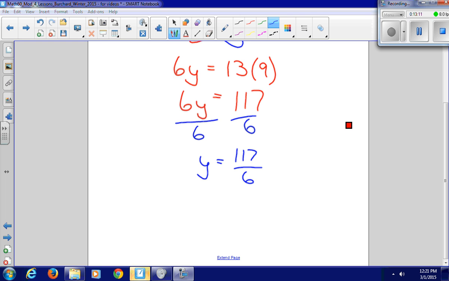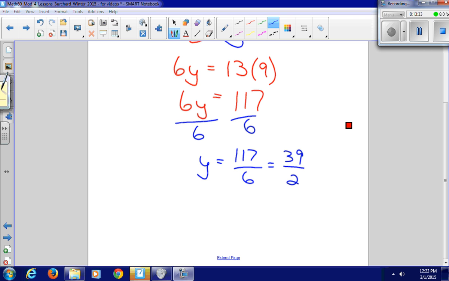This can actually be reduced, although I'll forgive you if that seems hard to reduce, but 3 goes into both of those, and so we get 39 halves.